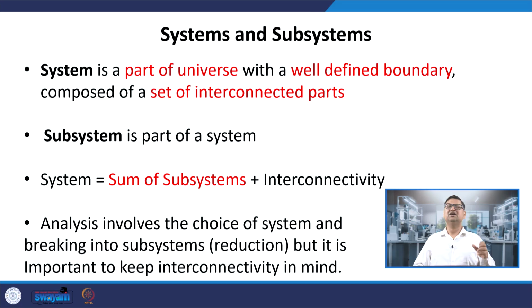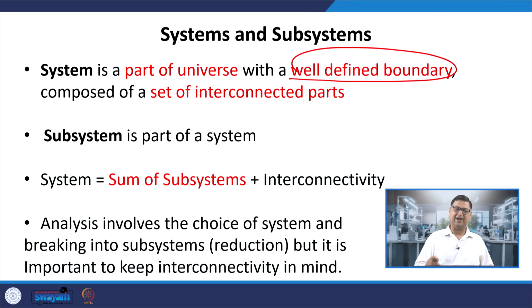But nonetheless, if I have to give a strict definition, then I can say that a system is a part of the universe with a well defined boundary. Whenever we define a system, we define a boundary. Of course, it can be an open system and it can exchange mass and all that, but nonetheless, it still has a boundary, right. So, a system must have a well defined boundary. The boundary may move, that is also fine.